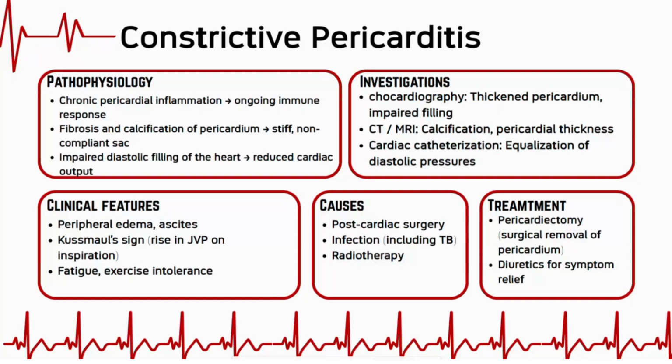Now, how do we find out if this patient has constrictive pericarditis or not? This patient will have peripheral edema and ascites, because they will have symptoms of heart failure.